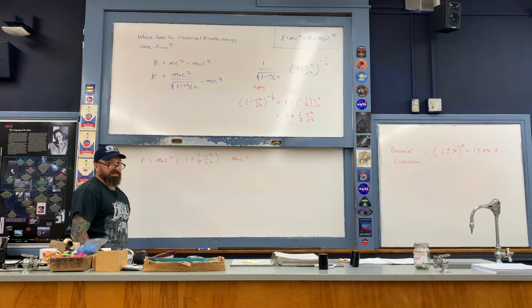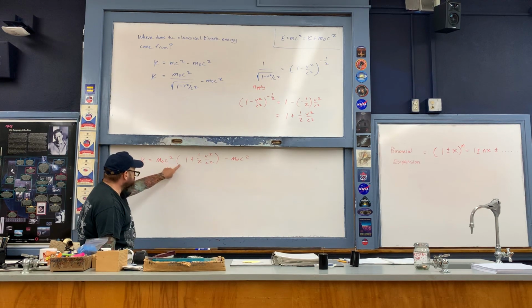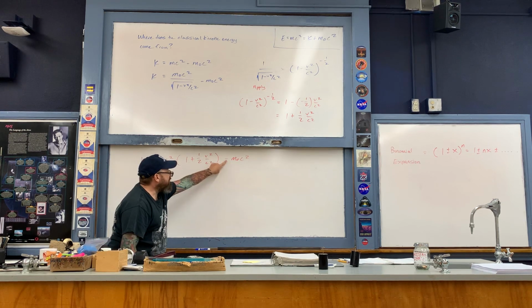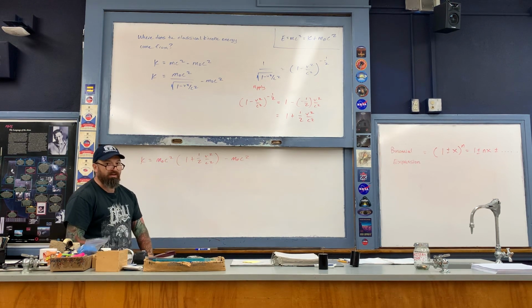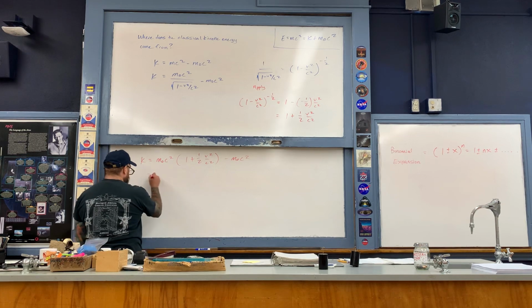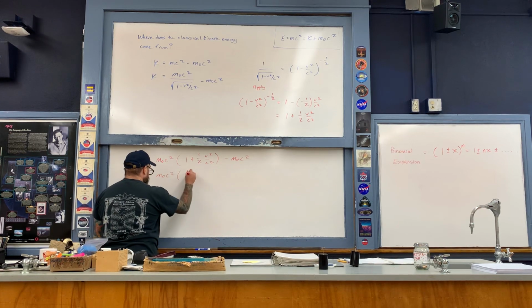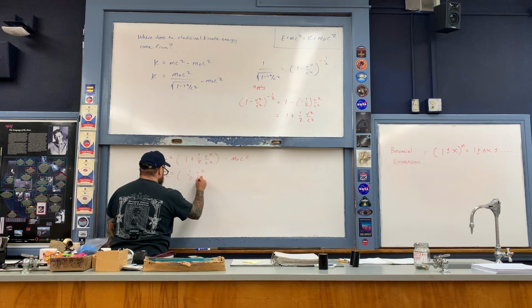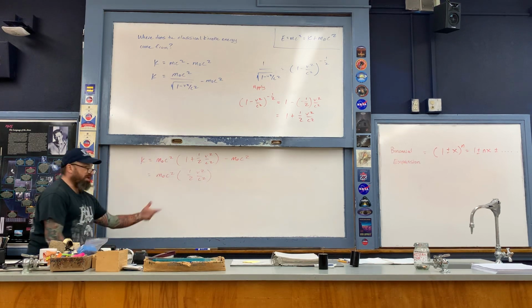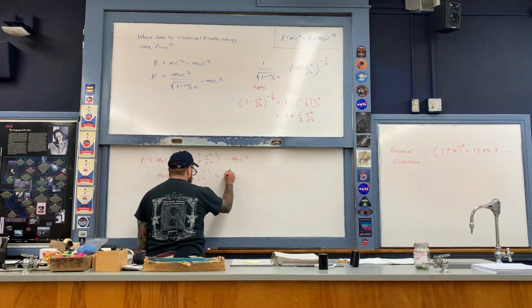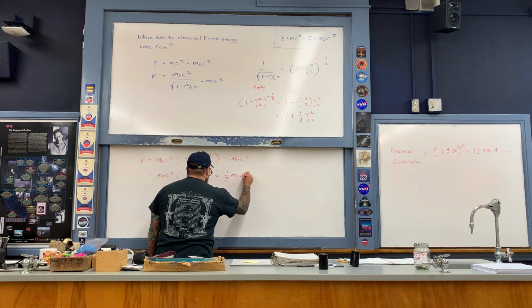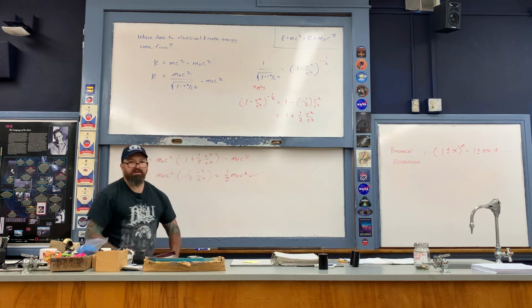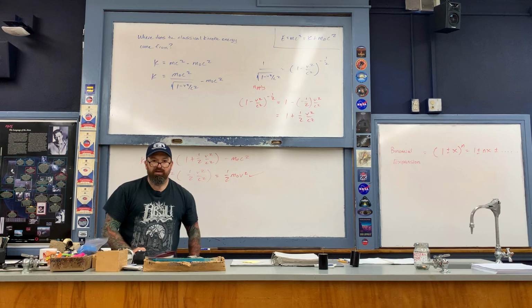Now let's simplify. So I've got here m0 c squared times 1 minus m0 c squared, which drops out, and then I'm just left with this, like so. Cancel the c squareds, and then you get this, the classical kinetic energy that we saw back in chapter 7.